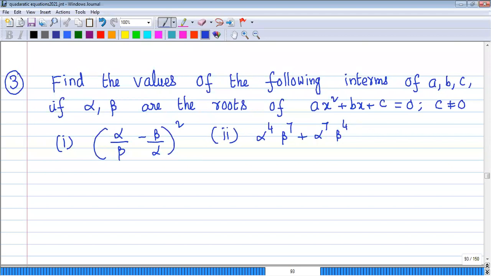Next, third question, alpha square plus beta square upon alpha power minus 2 plus beta power minus 2. Next, fourth question, alpha upon beta square plus beta upon alpha square.